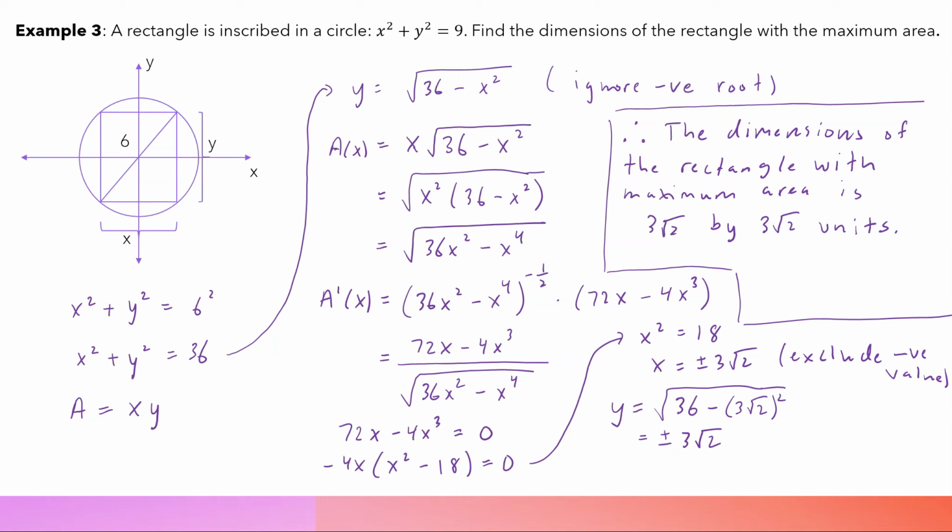The negative here doesn't matter, and for that reason we exclude it. And so in the end, we can conclude that the dimensions of the rectangle with maximum area are 3 root 2 by 3 root 2 units.